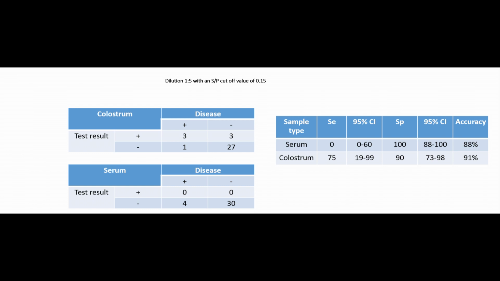Looking within that matrix space, a dilution of 1 in 5 and a sample to positive cutoff ratio of 0.015. If we look at the specificity, for colostrum we get a reduction in specificity, and of course the specificity of serum is 100%. So we do get a slight increase in accuracy, but the key area is this one here, where colostrum was able to identify 3 out of 4 of those positive fecal culture animals.